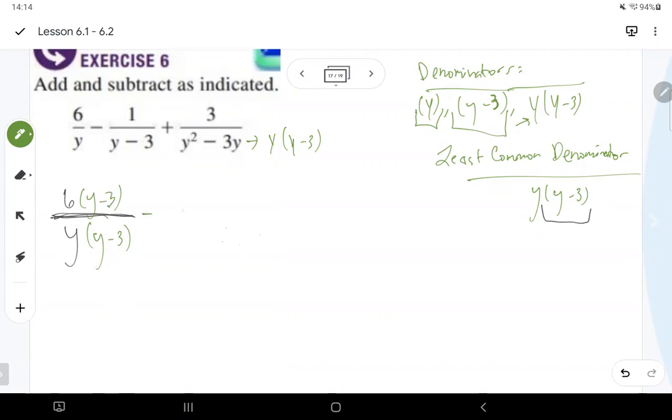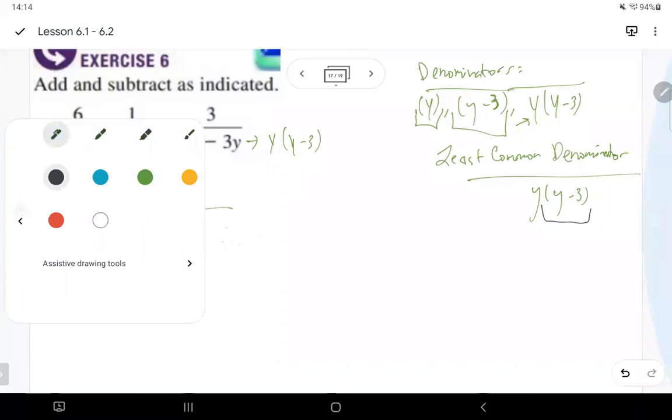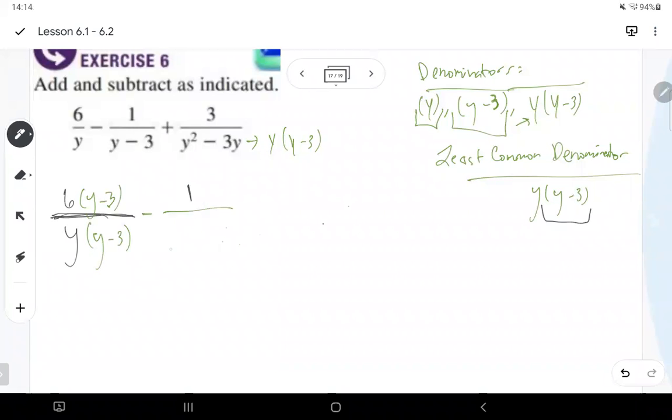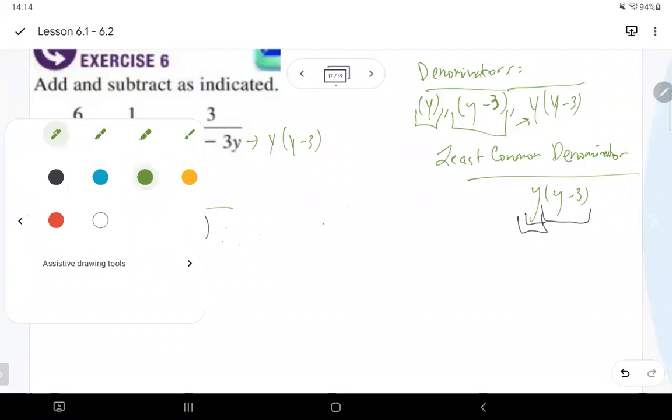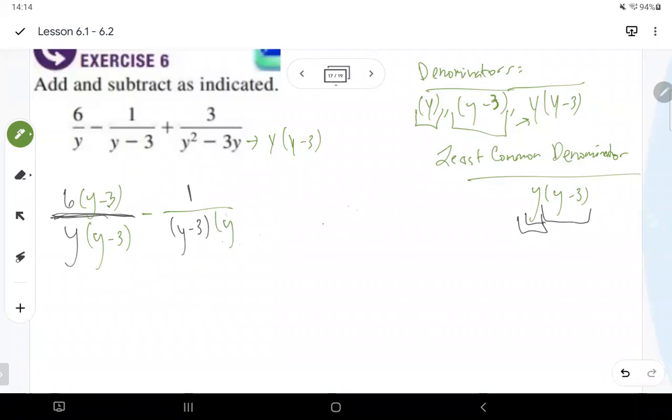Then we have a minus 1. We have y minus 3 on the bottom. So now we're missing the y. We're going to multiply it on the top and the bottom.